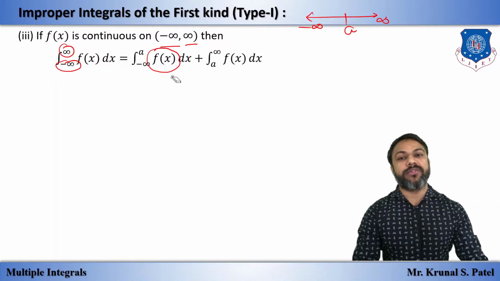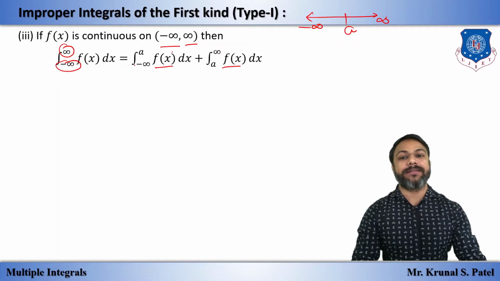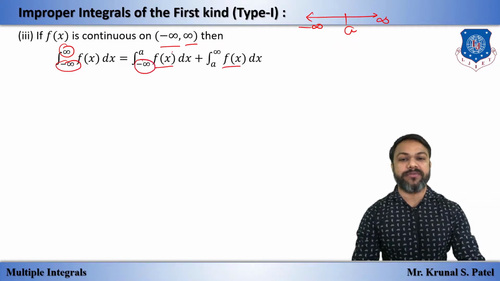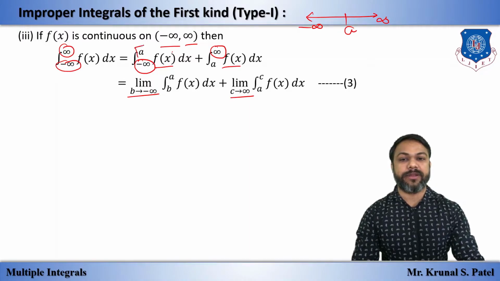So we will find a point A where this function is finite, and then we will take limits for this minus infinity and this infinity. For this minus infinity we have taken B, and for this infinity we have taken C. So here B to A, and this becomes A to C. A is as it is. There is no change in A.